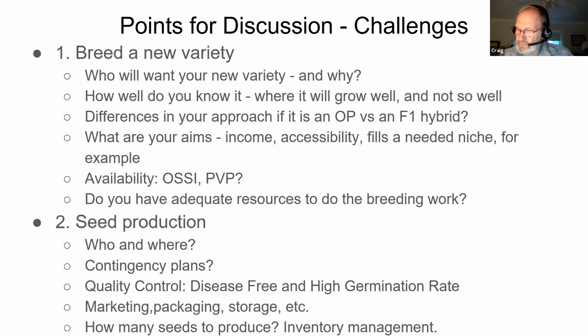And one thing you can do in a hybrid crop that you cannot do in an OP is combine multiple characteristics. So I mentioned that there were 8 different disease resistance genes in Galahad. It would be very hard to put all of those 8 into an OP. But we can put 4 into one tomato and 4 into another. And then when we make a hybrid cross, it has all 8.